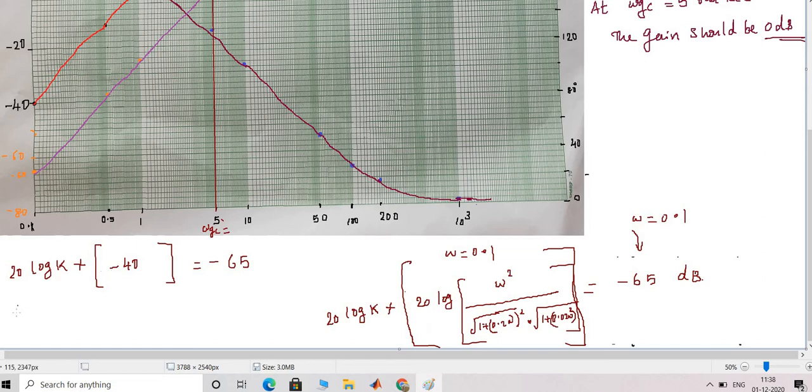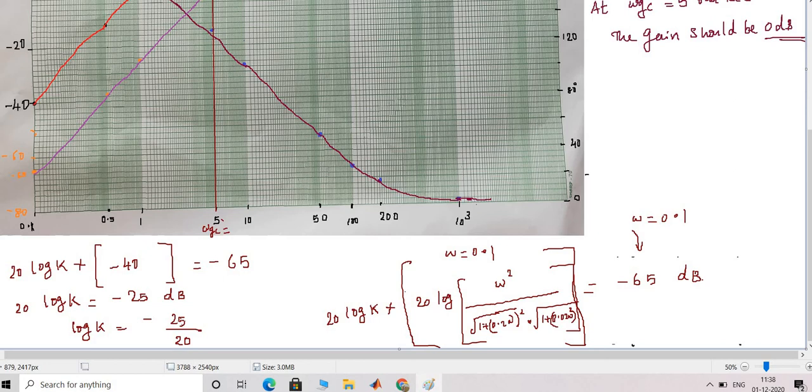So we can write 20 log K equal to minus 65 plus 40, that is minus 25 dB, and log K is minus 25 by 20, and what is the value of K?